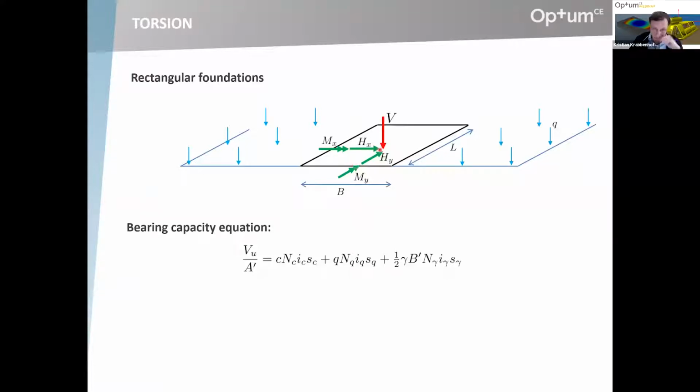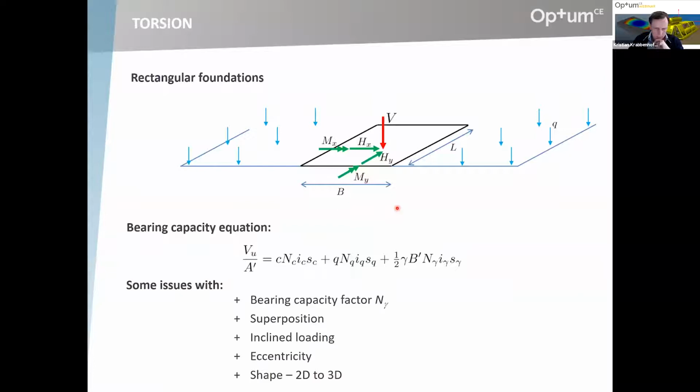The horizontal loads are taken into account by the inclination factors, the bending moments via the effective area approach, so that they generate an eccentricity, and shape factors take into account deviations from the plane strain strip footing case. And I think the conclusion two weeks ago was that the bearing capacity equation is pretty good.